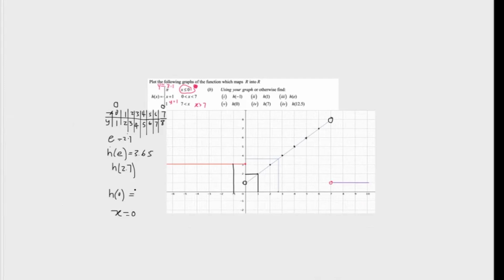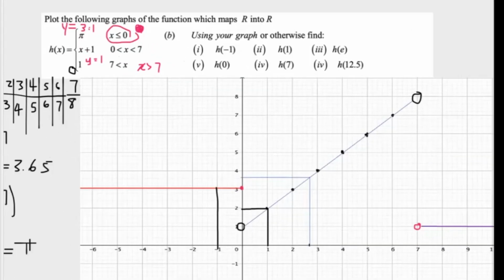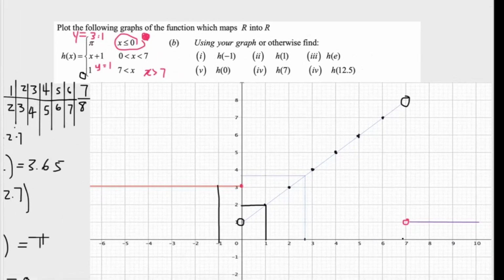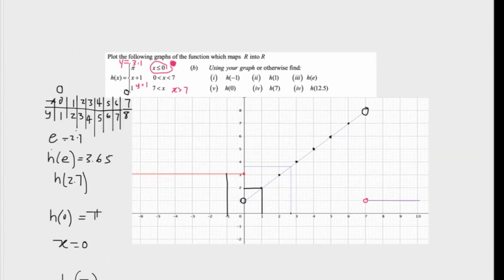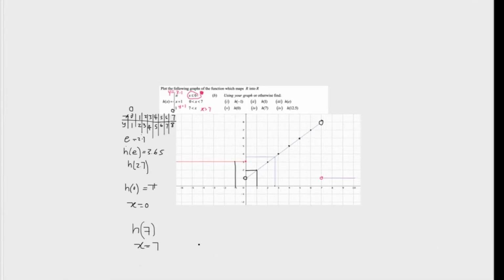So the answer would be pi. If I want h of 7, that's saying when x equals 7, but let's look at this. At x equals 7, this function is not using it, and this function is not using it. So my answer would be undefined because there is no answer here.